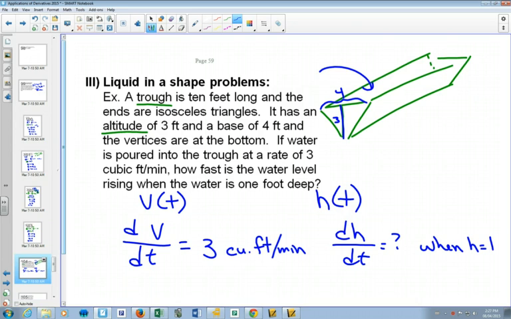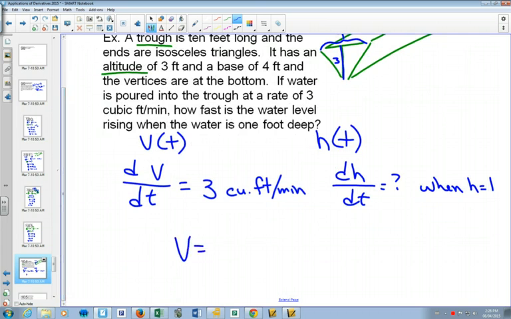If you stand this one on end, you would just have to keep cutting out those triangles until you get to the top. So our volume formula will just be the area of the base, which is 1/2 base times height, because that's the area of a triangle, times the 10, because it's 10 feet long.